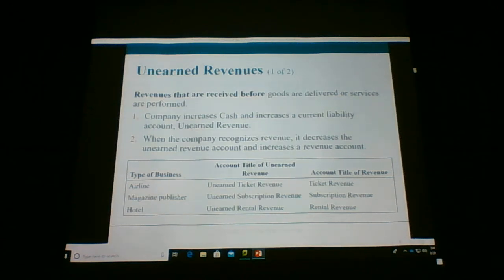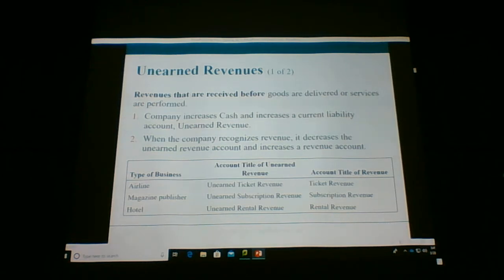Okay, so I want to talk to you a little bit about the concept of unearned revenue. I really need you to understand that unearned revenues are liabilities. Unearned revenues are not assets and unearned revenues are not revenues.